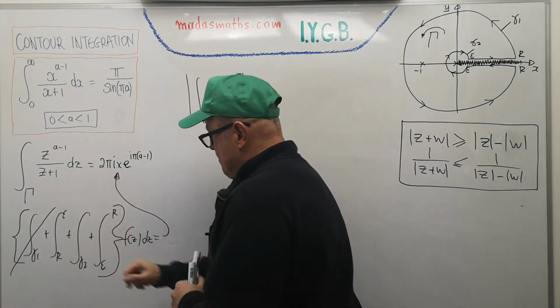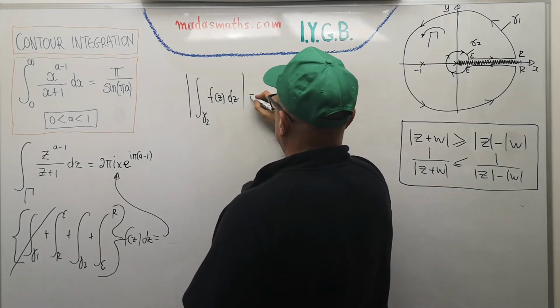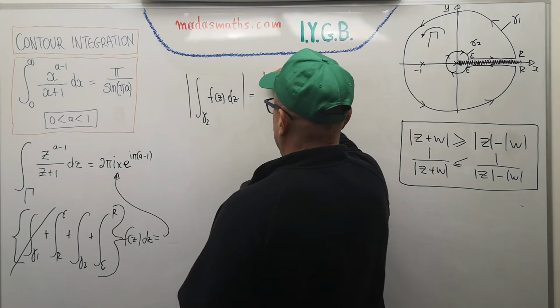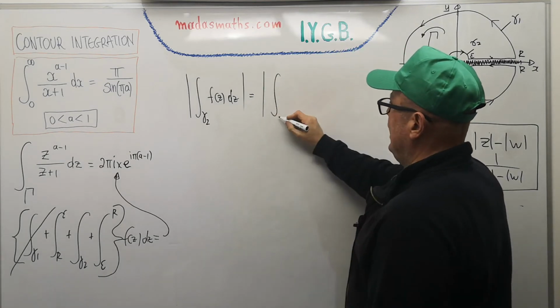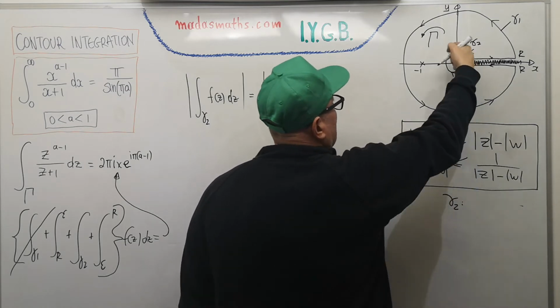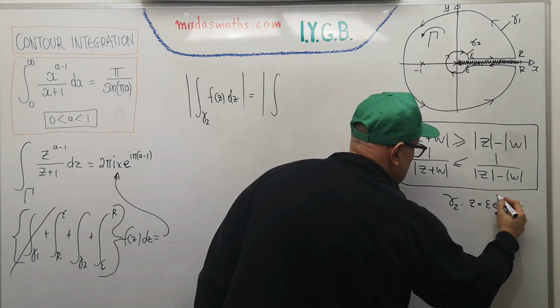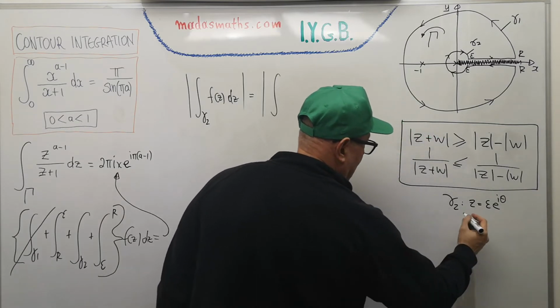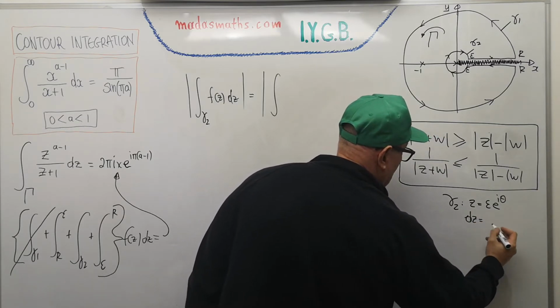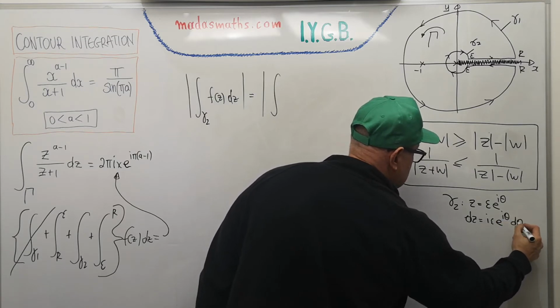So we're looking at gamma 2, that's this one here. So this is going to be parameterized as well. So the modulus of, there's my gamma 2, I'll fit it in here. Around the small circle, z is equal to epsilon e to the i theta, and my dz is equal to i epsilon e to the i theta d theta.